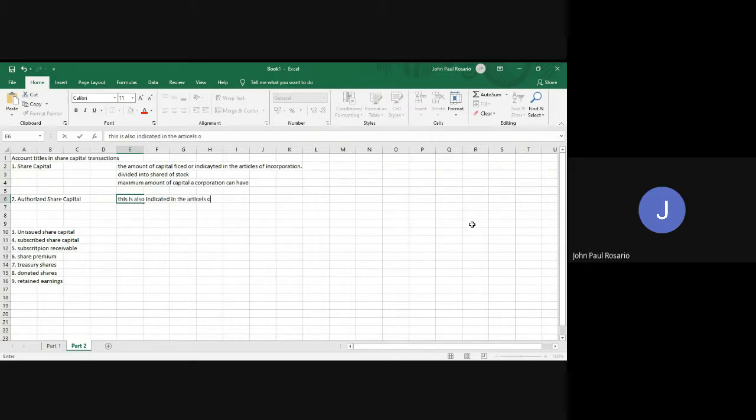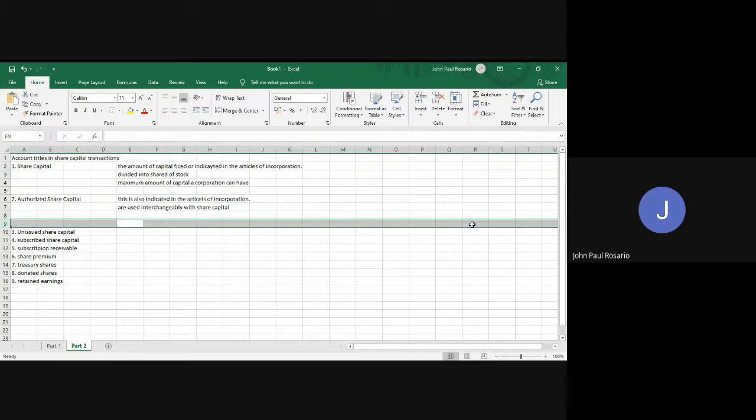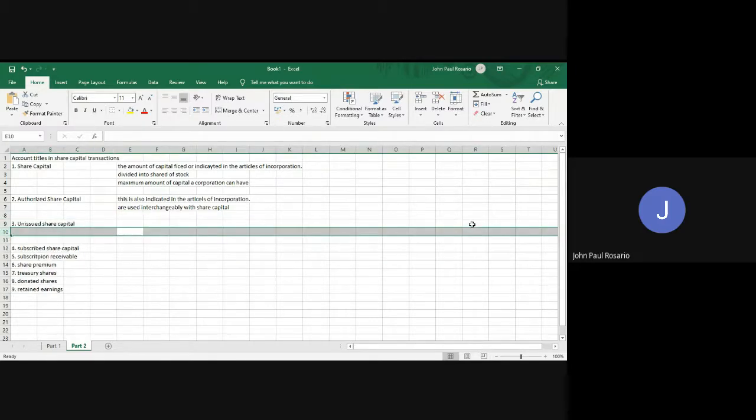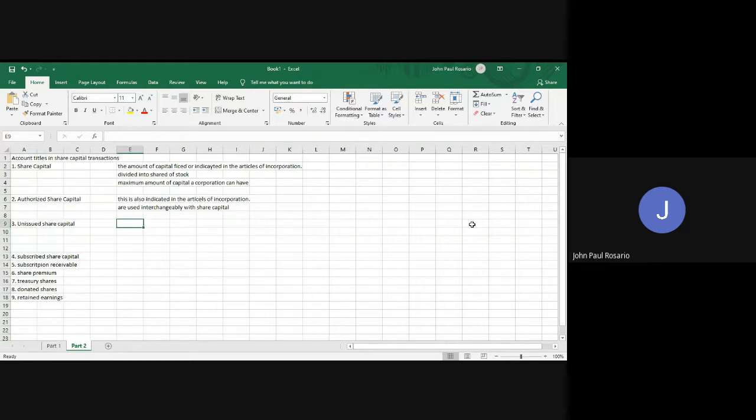Actually, authorized capital and share capital are used interchangeably, meaning they are somehow similar. So how we define the share capital, we can also call it our authorized share capital, which means the maximum amount of capital a corporation can have.